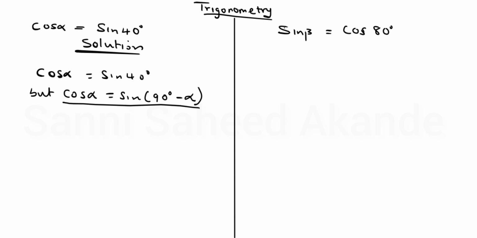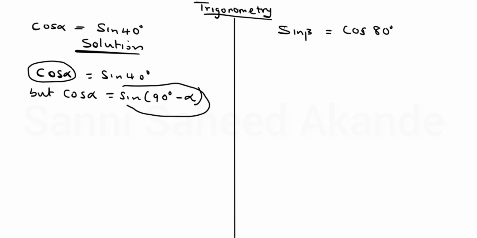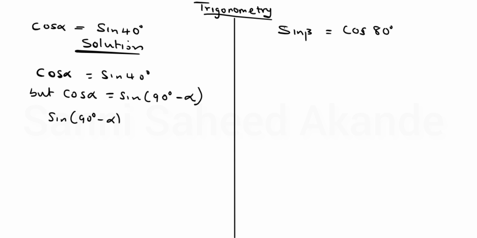Now, since cos alpha is equal to sine of (90 degrees minus alpha), I'm going to replace this cos alpha with this. That's how to solve this type of question. So I'm going to say sine of (90 degrees minus alpha) is equal to sine 40 degrees. If the sines take care of each other, we are left with 90 degrees minus alpha equal to 40 degrees.